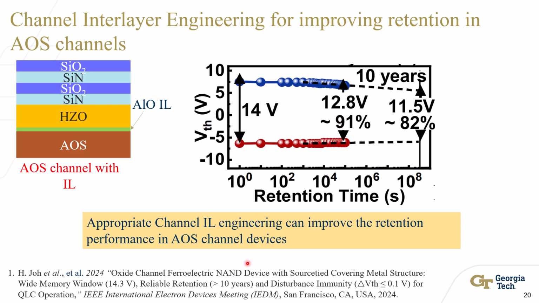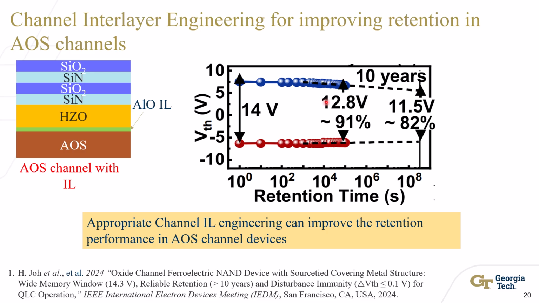There was this work from a group at KAIST, which they presented at IEDM 2024, where they inserted a channel interlayer in amorphous oxide FEFETs. Here they used an aluminum oxide interlayer, and by doing appropriate IL engineering to reduce the oxygen vacancies, they show that the memory window performance can be significantly enhanced.